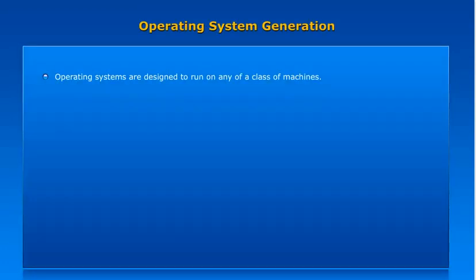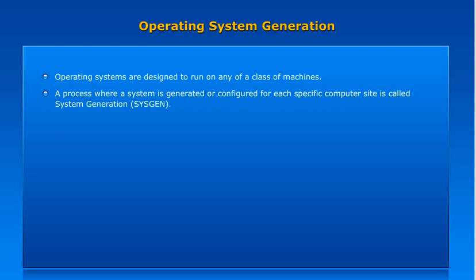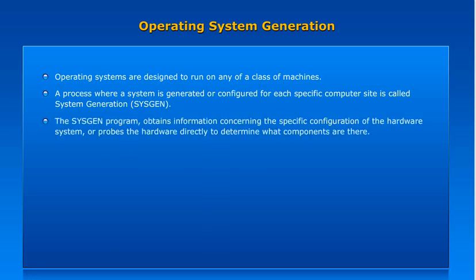Operating system generation. Operating systems are designed to run on any of a class of machines. A process where a system is generated or configured for each specific computer site is called system generation, sysgen. The sysgen program obtains information concerning the specific configuration of the hardware system or probes the hardware directly to determine what components are there.